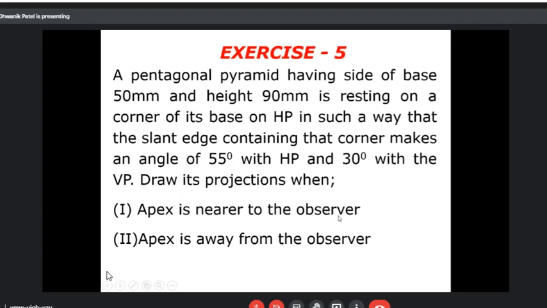Now here there is a mention that the apex is nearer to the observer. So what is the meaning of this statement? Apex is nearer to the observer. So what about the XY line? Very good.